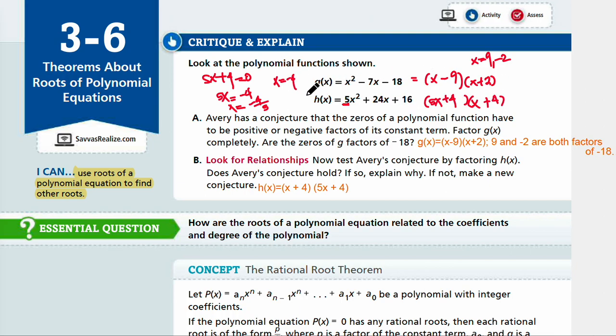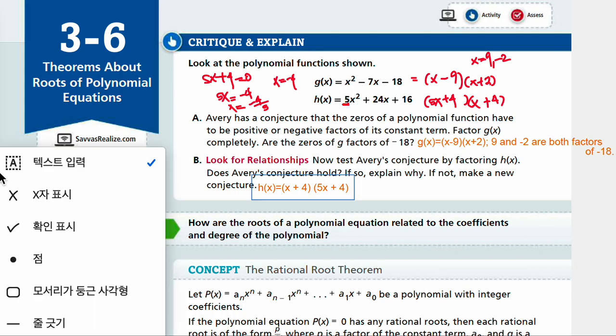And so are these factors of 16? No, if you multiply them, it's 16 divided by 5, not 16. So it is not, but is it related to 16? Yeah, you divide it by 5. So what's a new conjecture that you can make? It's still going to be a factor if you divide it by the leading coefficient. 5 comes from the leading coefficient, right?